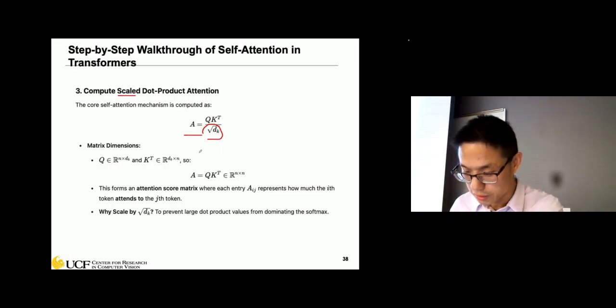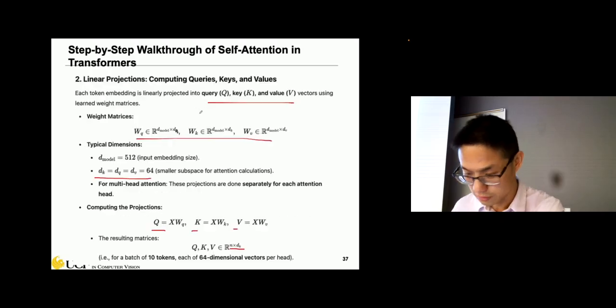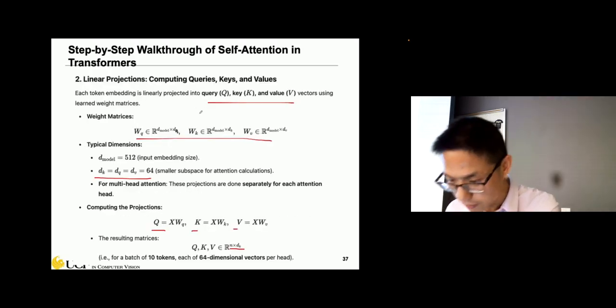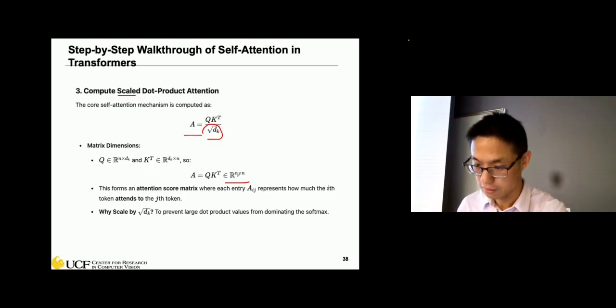And for this weight matrix, we have a dimension of n times n. Because Q is n times dk, and K transpose is dk by n, so we end up with an n by n matrix A. Each row of this A matrix is the attention score for the ith token: how much it has to attend to the rest of the tokens.